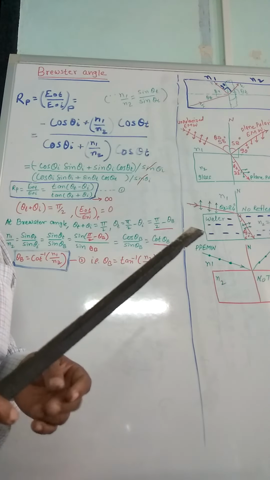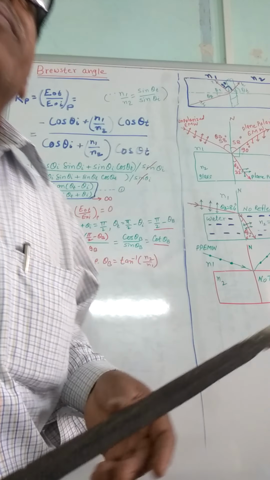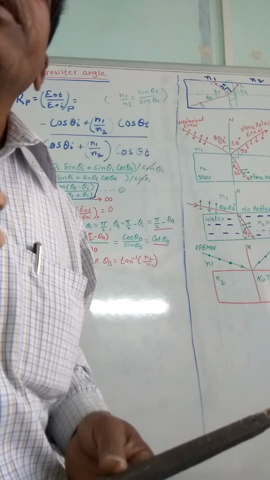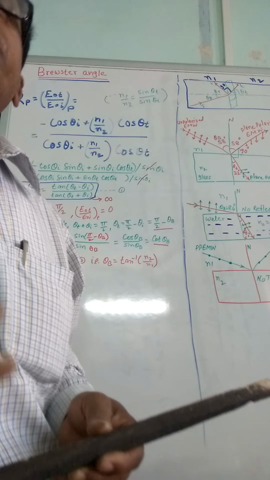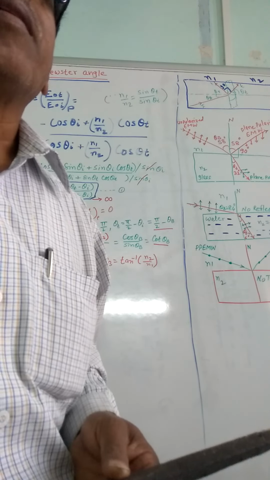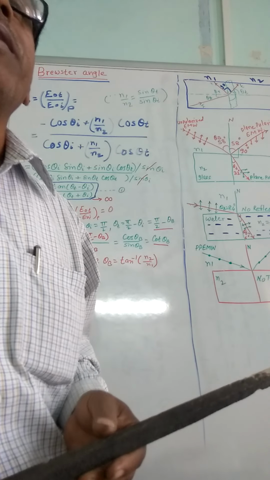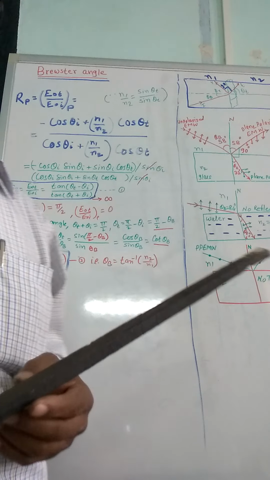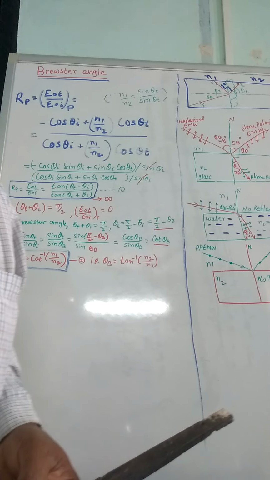Equation 1 shows that when tan of theta T plus theta I is infinity, that means when the denominator is infinity, we get this ratio equal to 0.